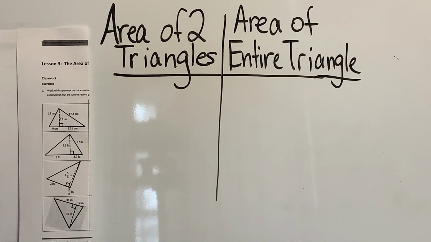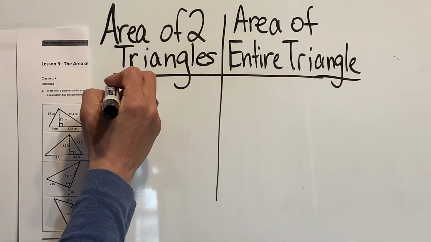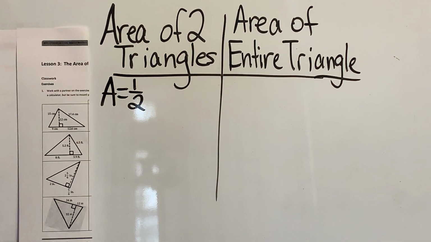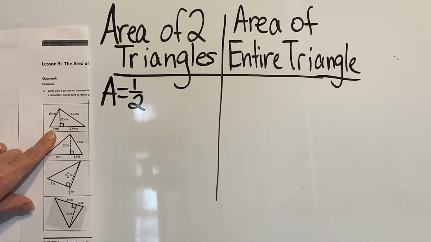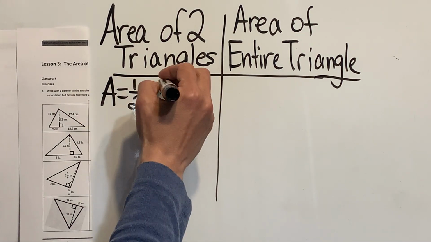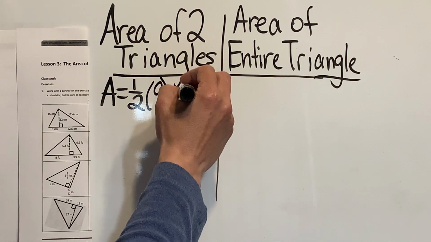So we're going to have to remember half base times height gives us the area of a triangle. So when I look at the two right triangles and I remember that area equals half base times height, then I need to find the base of each one of the individual triangles. So with the first one here, it's going to be half 9 centimeters times 12.